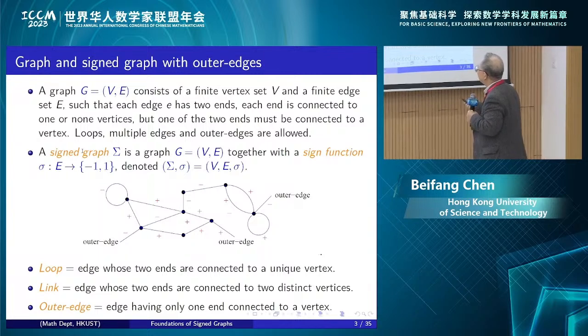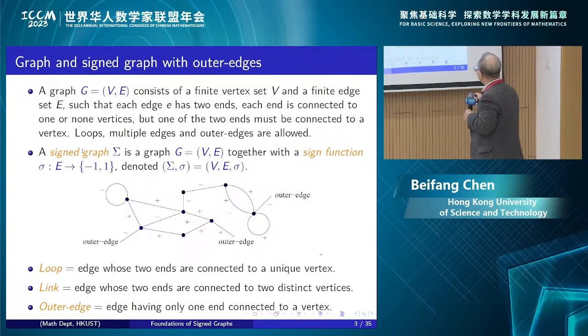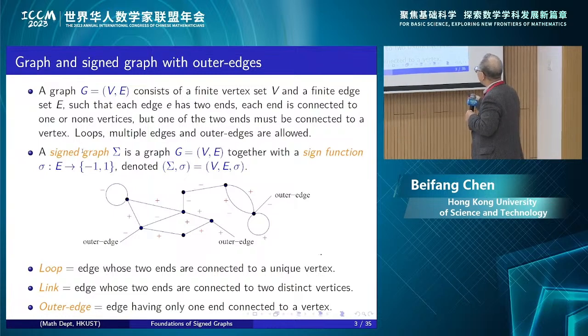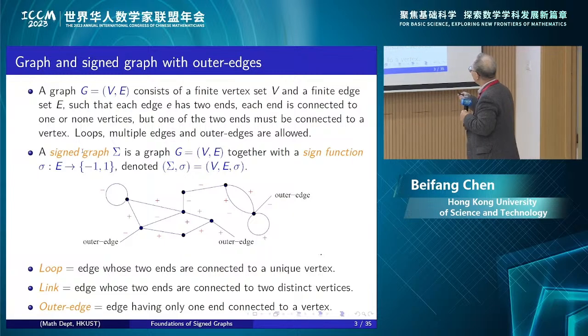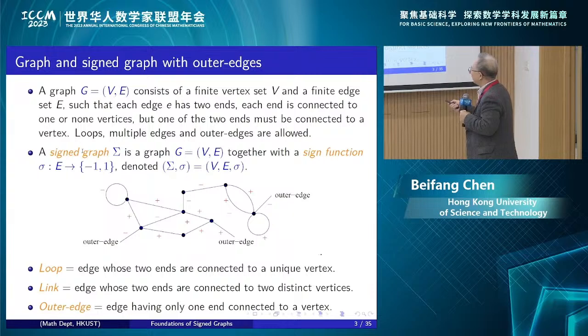And here's a typical example. Say that this is a loop, and this is an outer edge. We get three outer edges right here. These are multiple edges. In many graph theories, they only allow the simple graph. Simple graphs do not allow loops, and they do not allow multiple edges, and of course they do not allow half edges, the outer edges.